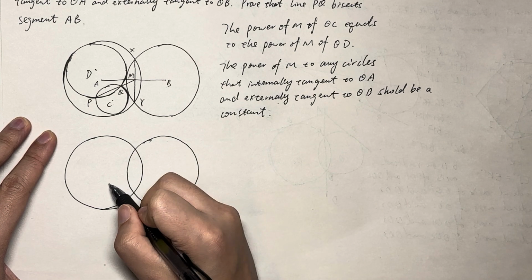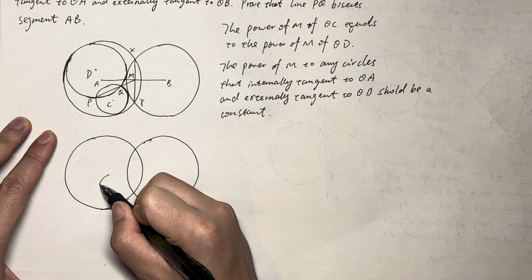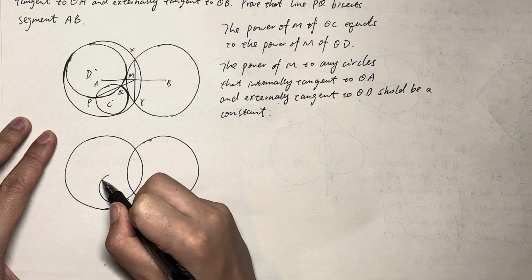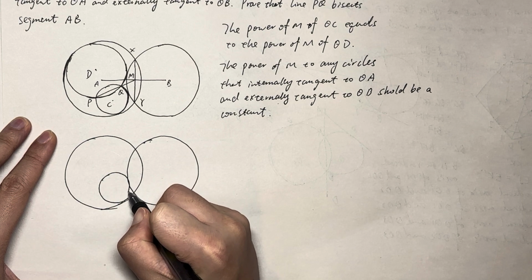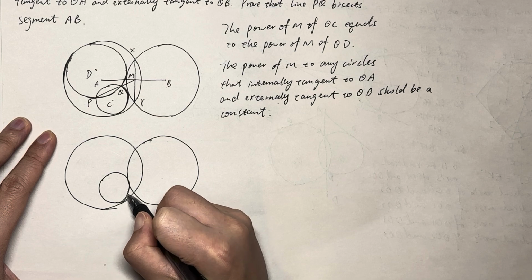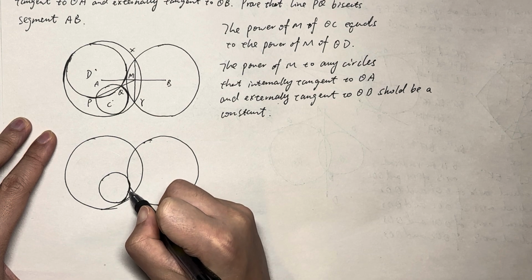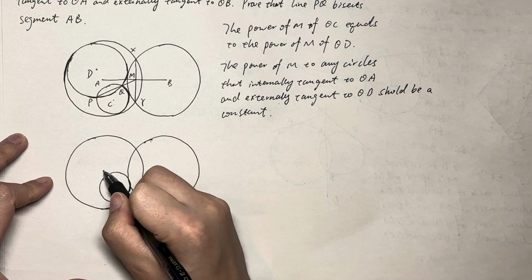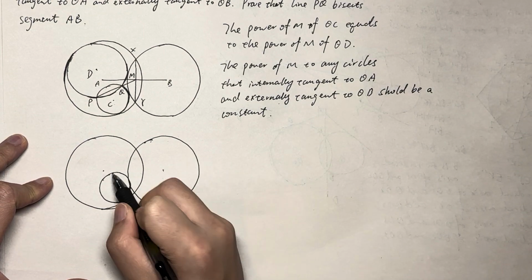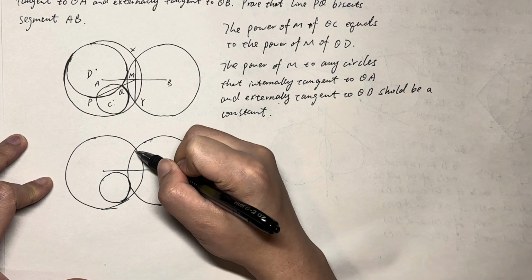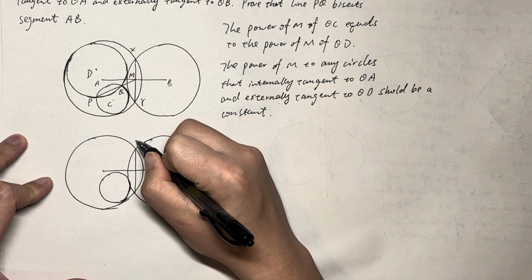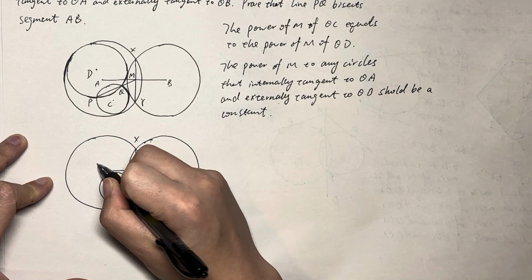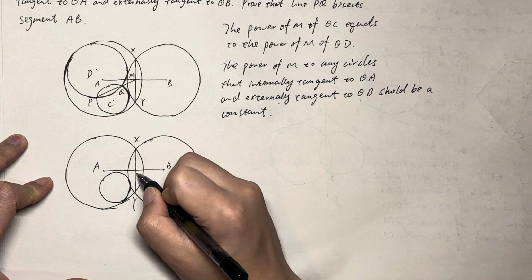And we want to have a circle that is tangent to both circles. So it just looks like this. And we know A, B here. This is XY. This is A, B, and this is M.